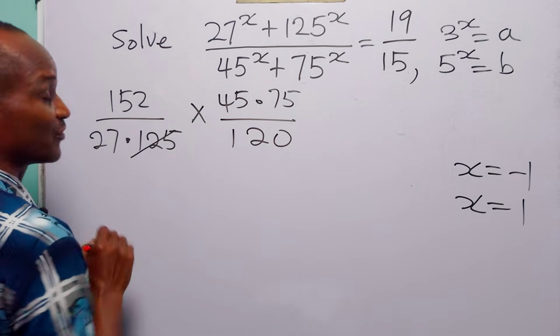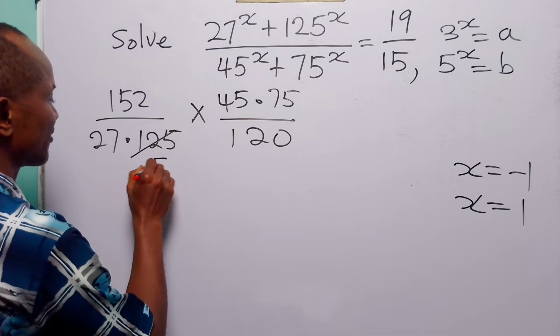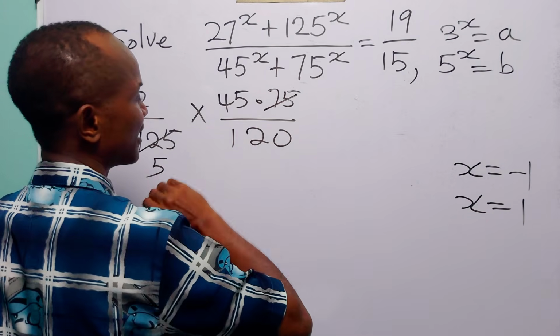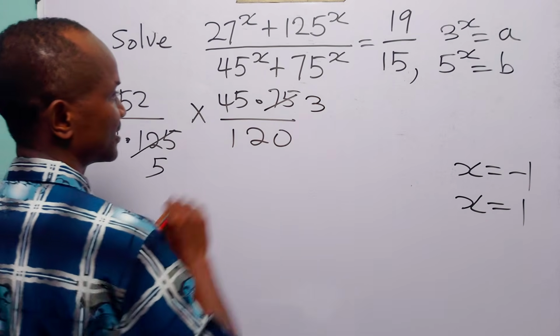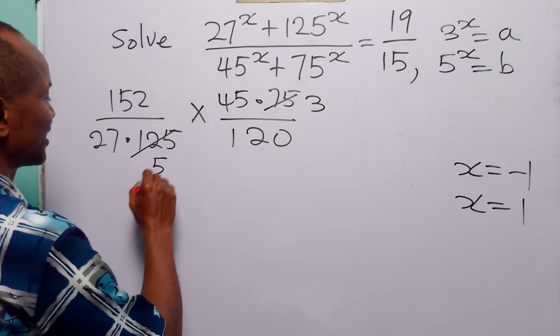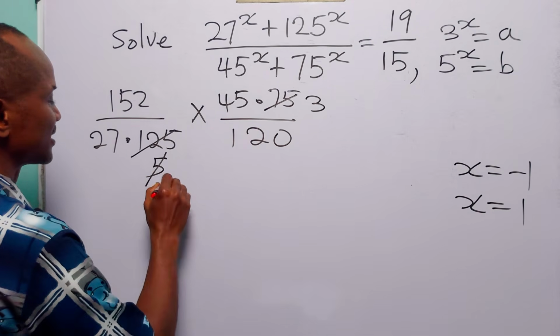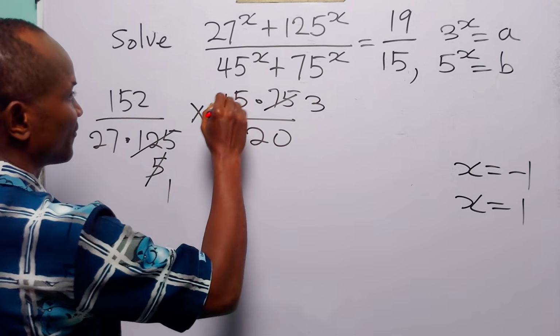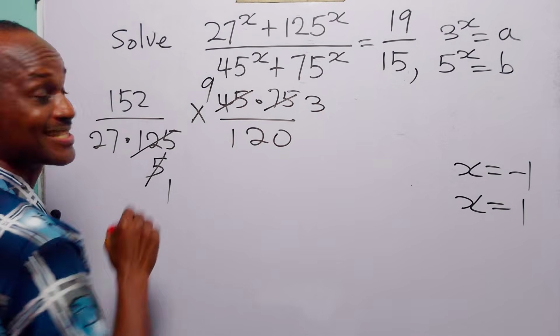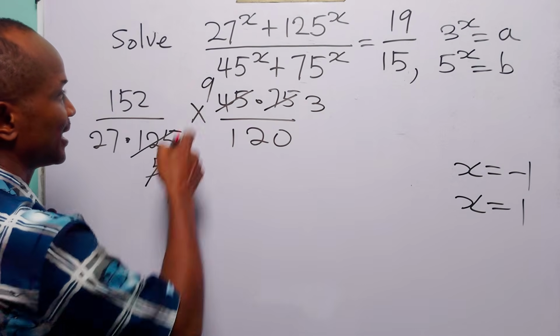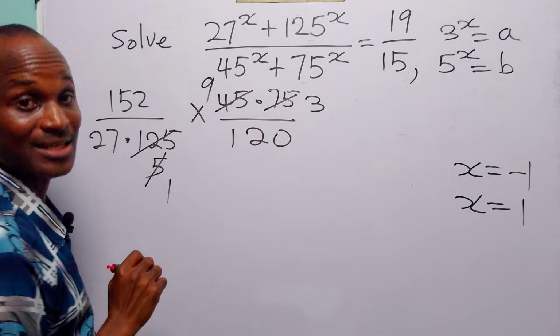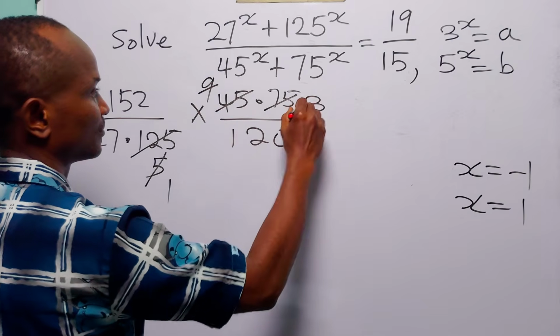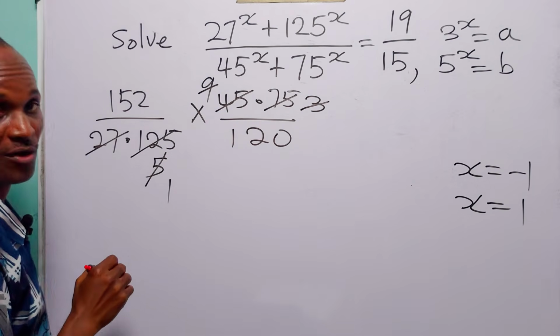Now 25 into 125 is 5 and 25 into 75 is 3. 5 into itself is 1. 5 into 45 is 9. 9 times 3 is 27. This will take care of that.